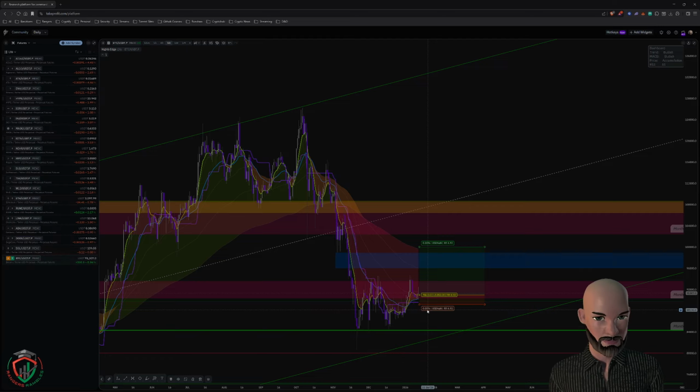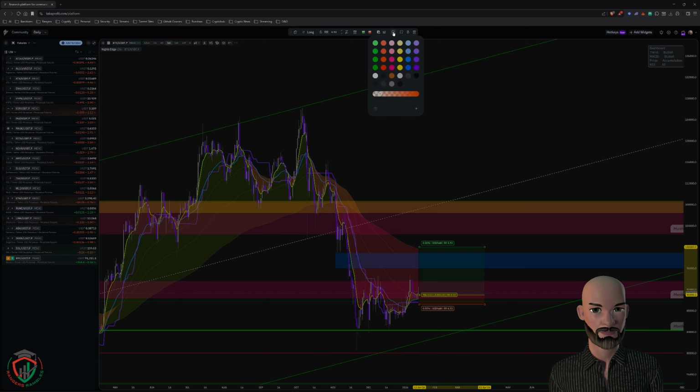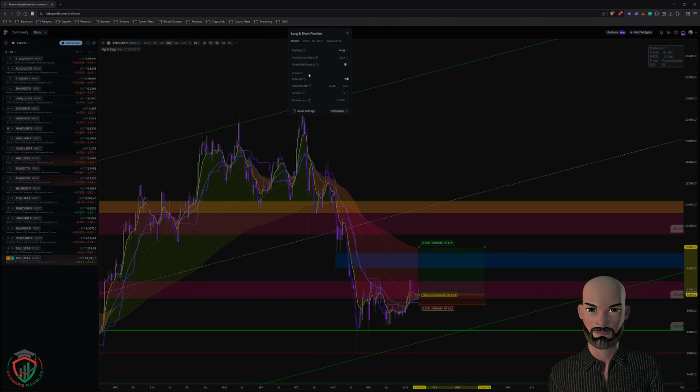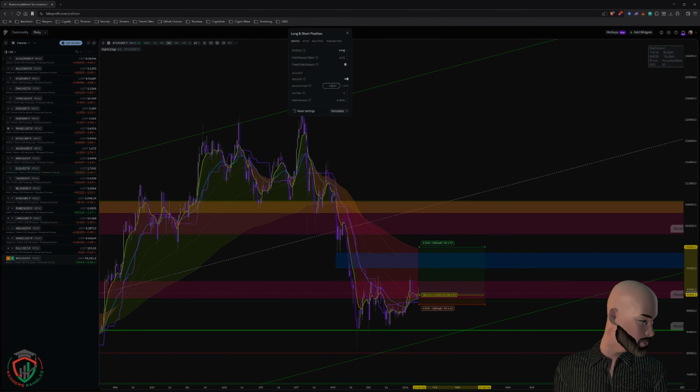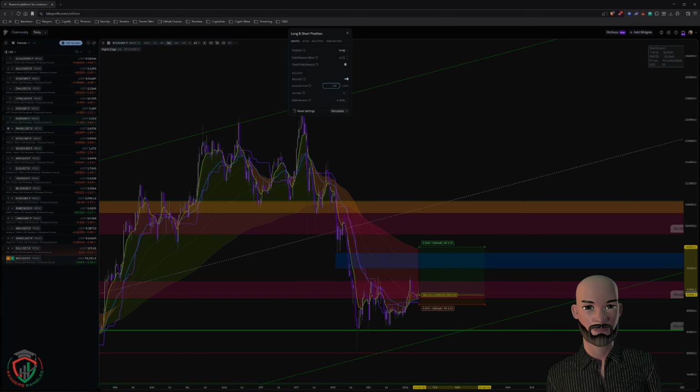That'll do. Why's it got USD NAN? Position long, account size, and there you go. I got it on there anyway. 52. That's all I'm playing with at the minute.